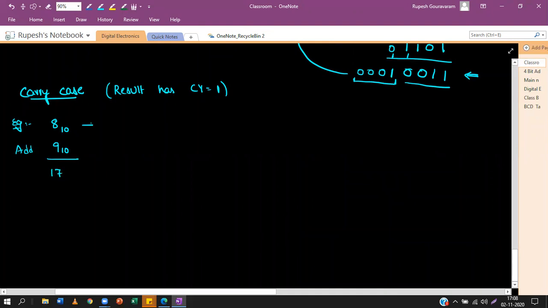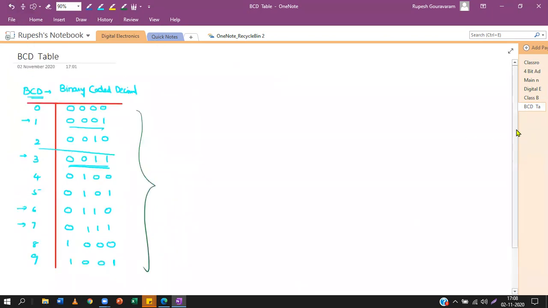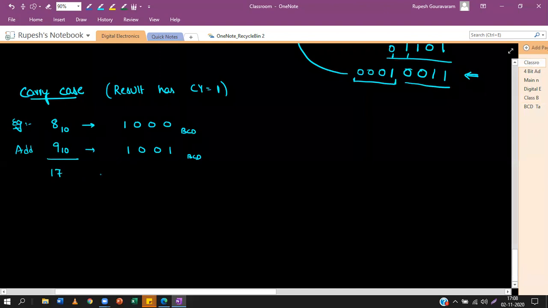When we represent 8 in binary, it is 1000 in BCD format. And 9 is 1001 in BCD format. This we are getting from the BCD table. See the BCD table here. 8 is represented as this and 9 is represented as this. Now, when we add these two numbers, what should we get?